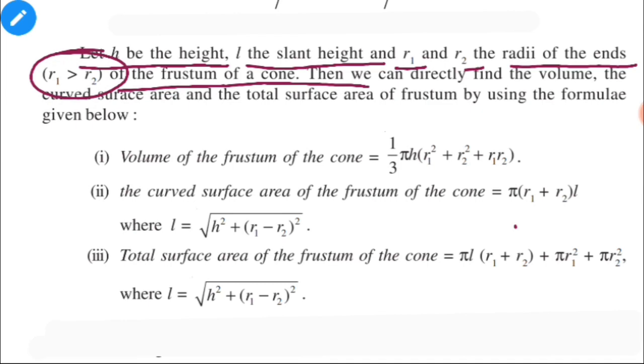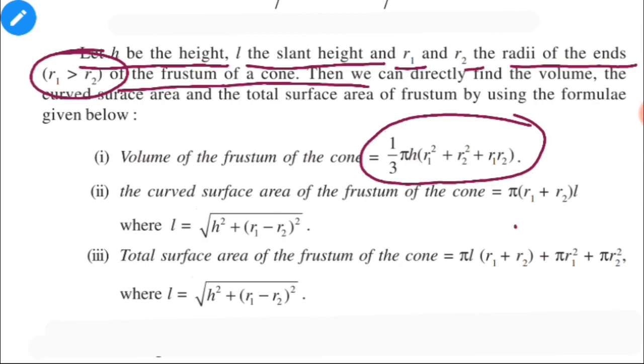R1 is the radius of the bigger circle and R2 is the radius of the smaller circle. Then the formula for volume: volume of the frustum of a cone equals 1 by 3 pi h into (R1 square plus R2 square plus R1 R2).